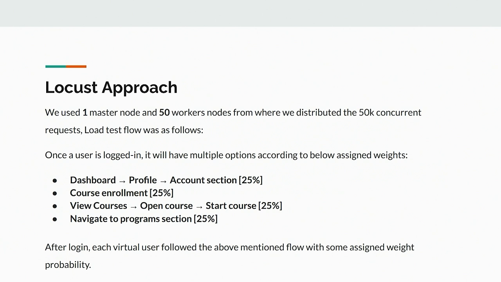When we started the testing, eventually when we got to 5,000 or 10,000 users, we started to feel that the Locust infrastructure we had was not enough. The workers from where we were sending the requests were basically choking.